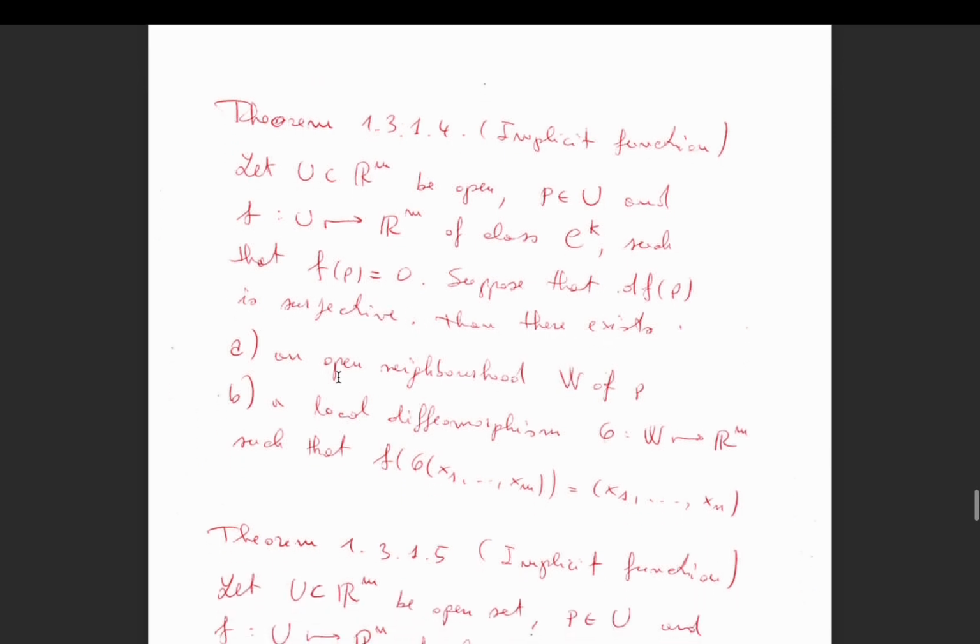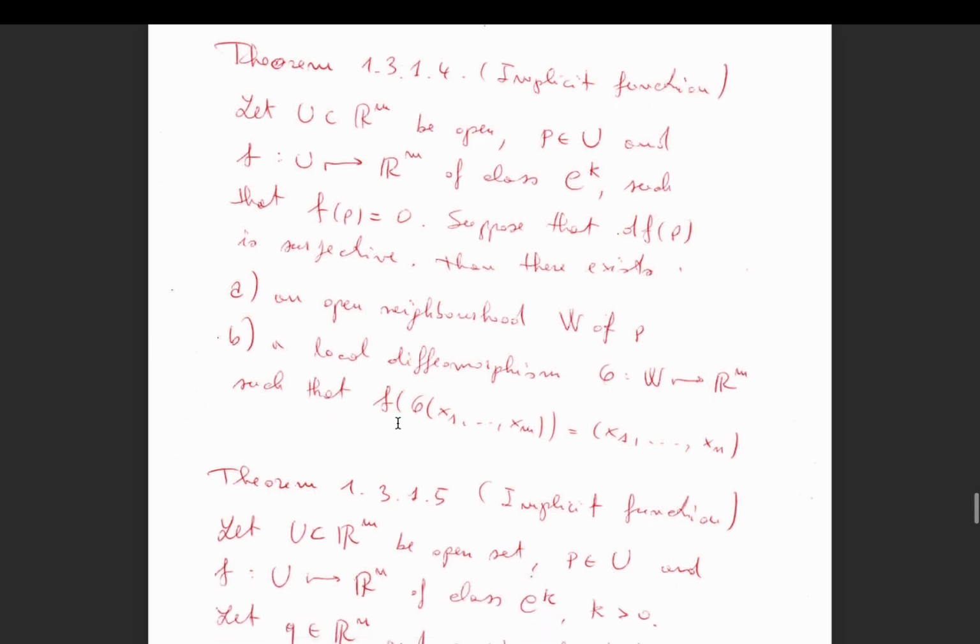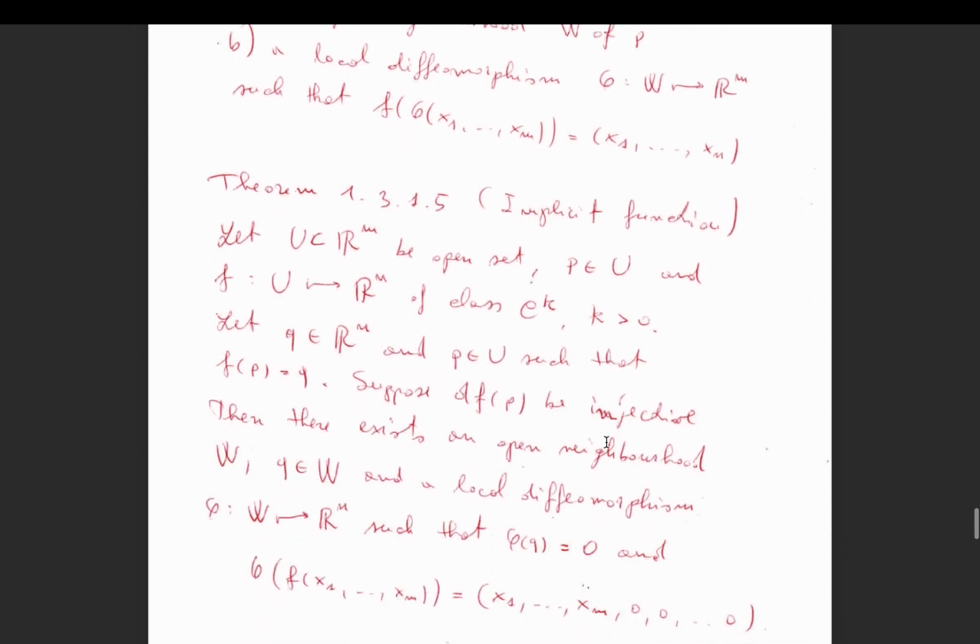Then there exists a neighborhood W of P contained in U and a local diffeomorphism phi from W to Rm such that f of phi of (x1,...,xm) is equal to (x1,...,xn). Surjective version.